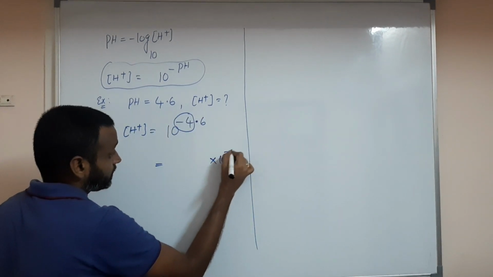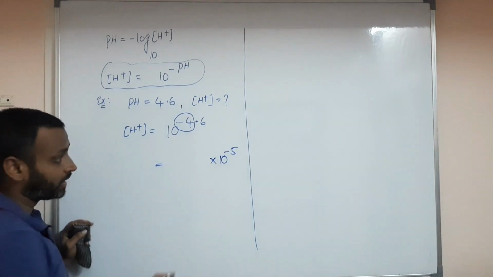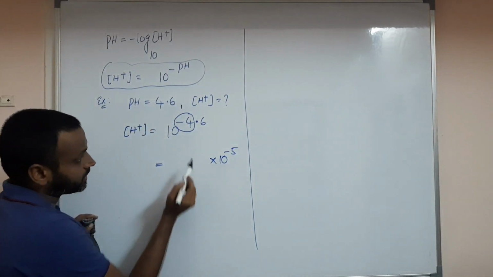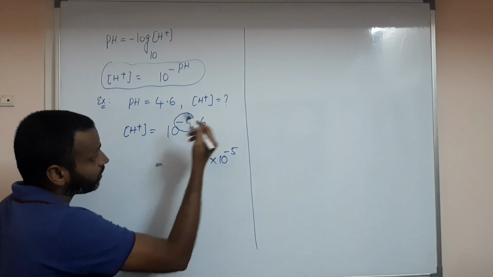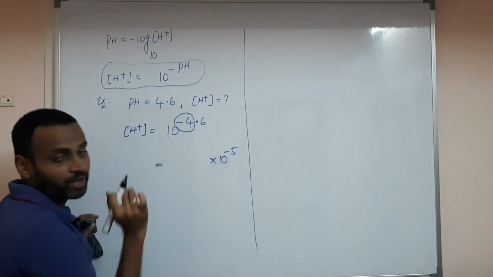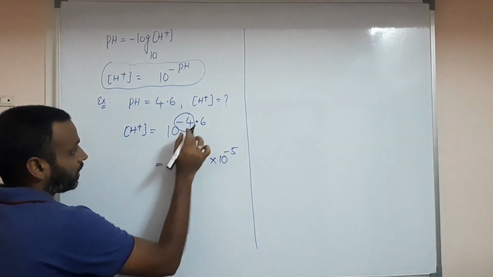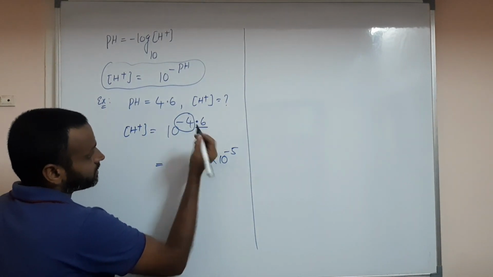10 power minus 5. Understanding? 10 power minus 4.6: this minus 4, the next number is 5, and along with the negative you have to write it. Now 0.6 remains.